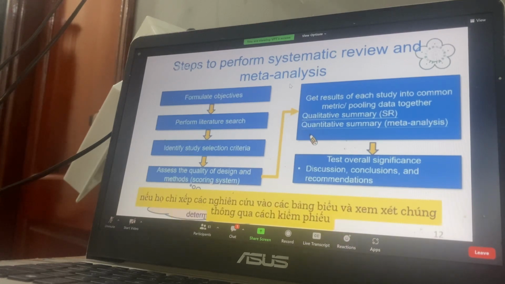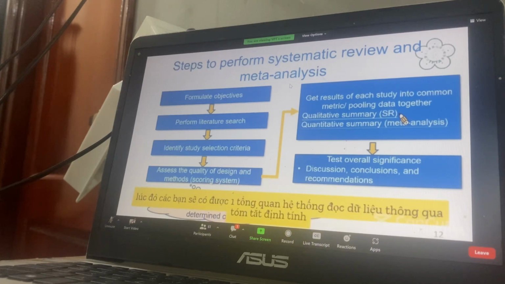Then the authors will get a result of each study, and they will put those studies into a common matrix or pool the data together. If they just put the studies into a table and look through the table through vote counting, then it would be a systematic review that's reading the data through a qualitative summary.